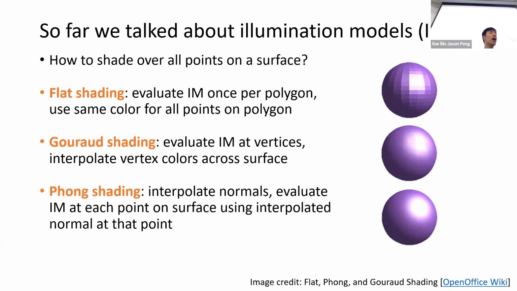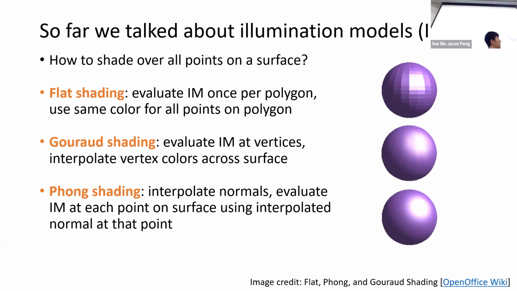And we'll repeat this calculation for every pixel in our image. So rather than relying on interpolation to get the color for each pixel, we will just simply evaluate the lighting model for every single pixel. This is a much more expensive method, but it can give us the best quality results. So in the case of the sphere on the right here, with Phong shading, we see a nice smooth spherical highlight at the top of the sphere.